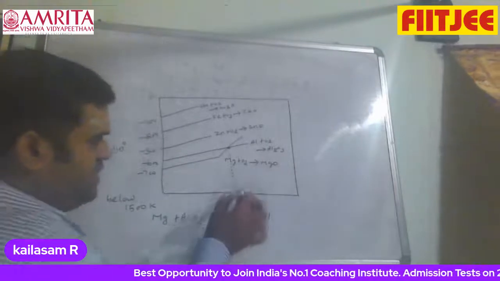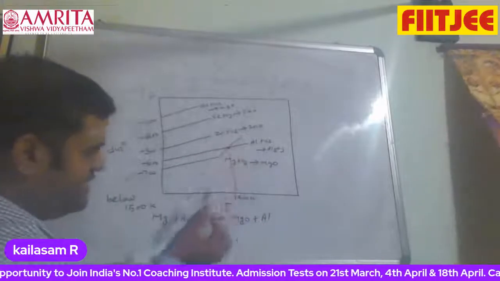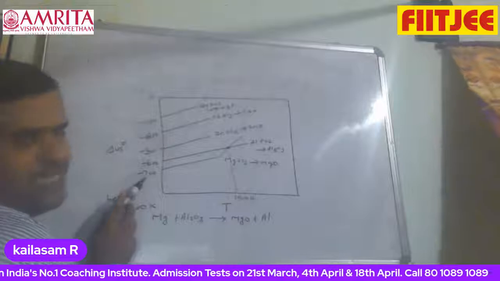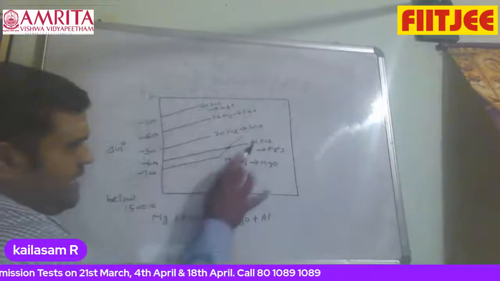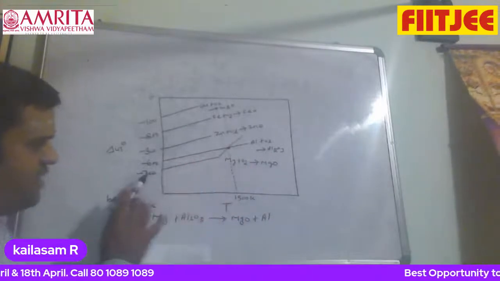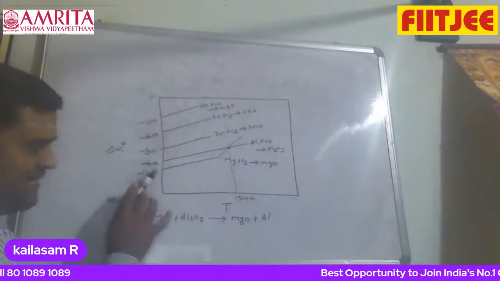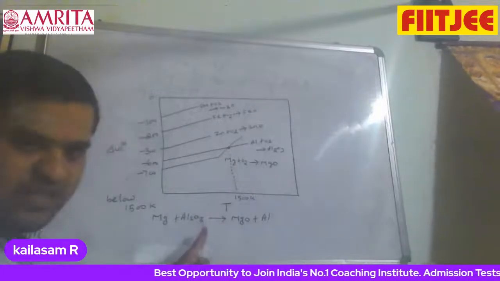Why is that? Because below 1500 Kelvin, the Mg line is lower. The formation of MgO is minus 700 and Al becomes Al2O3. But we want Al2O3 to become Al. Therefore, reverse of this: minus 700 plus 600, delta G overall becomes minus 100. Therefore, the reaction is spontaneous.